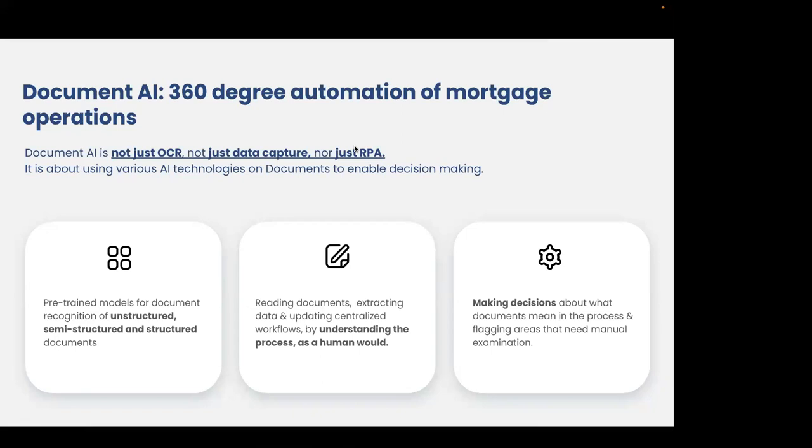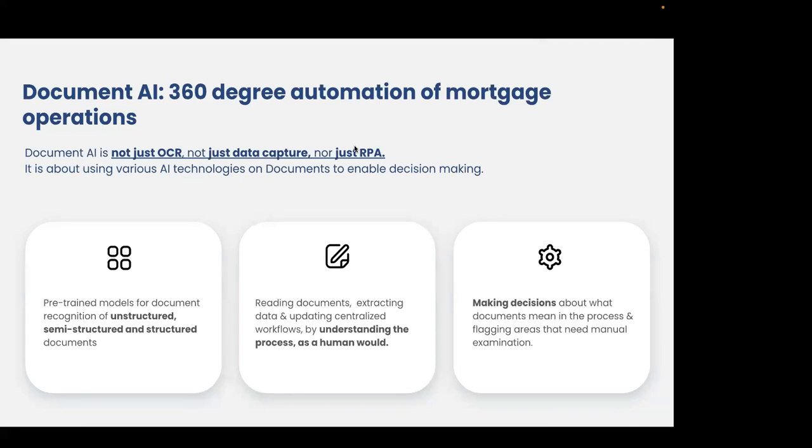It is ascribing context to these documents, all the way from classifying and identifying what the documents are, to extracting data from these documents, pushing that into your business processes, and then decisioning off of those things. John hit the nail on the head.